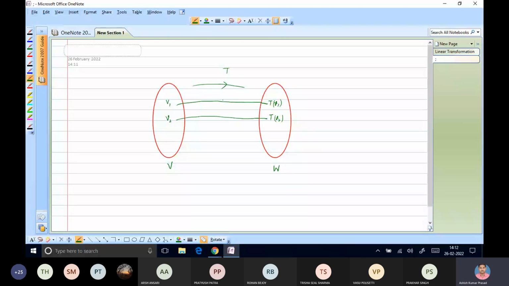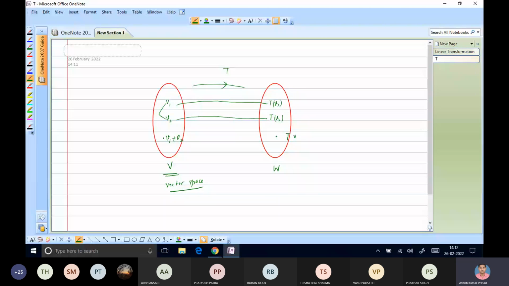Am I right? Now, what is V? V is a vector space. And you know, vector space satisfy closure with respect to addition. So when I add V1 and V2, I will get an element in the same space V. Similarly, when I add TV1 and TV2, I will get an element in the same space W, because W is a subspace.